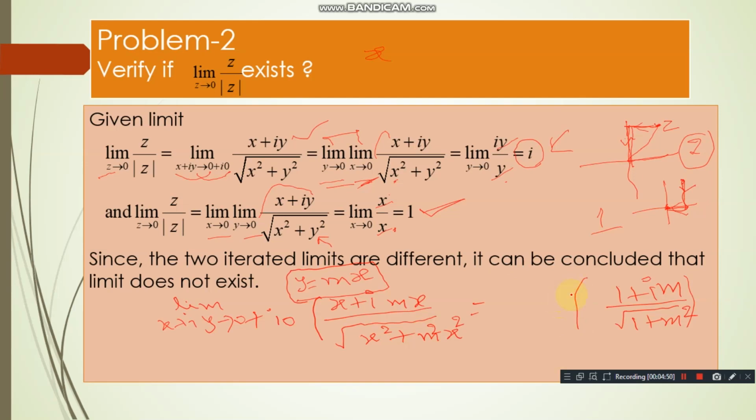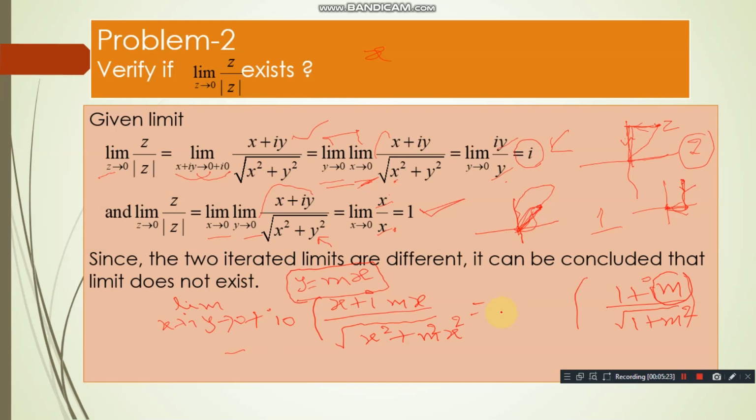So that means the limit depends on the m value. m is nothing but, see here, y is equal to mx, this straight line, as z tends to 0. If the m values are different, then it depends on the different paths. Usually as z tends to 0, whatever the path, either a straight line or parabola or cubic, or you can take any different curve, it has to get the same limit.